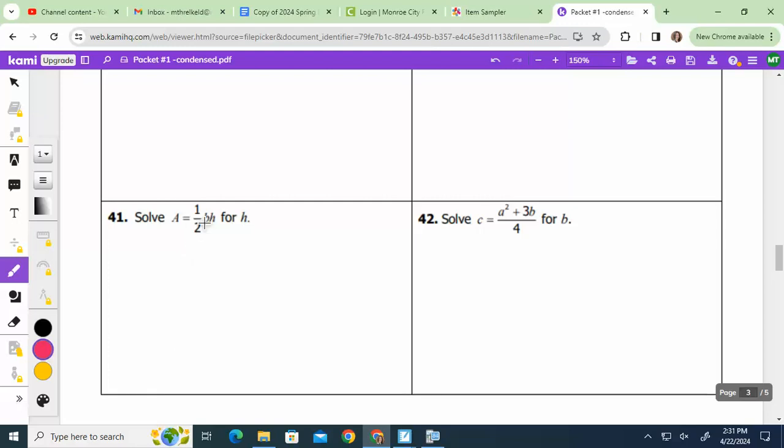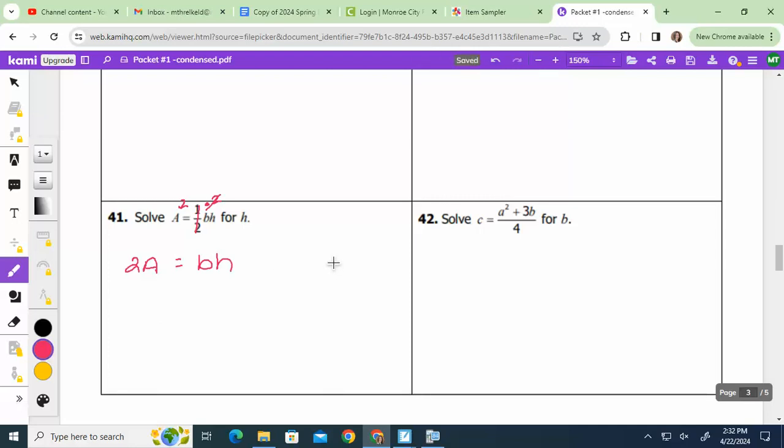How could I get rid of a 1/2? Okay, it's multiplied with the bh, so you could divide by it, or the easier option might just be to multiply by the reciprocal. Reciprocal of 1/2 is just 2. So a times 2 would give me a 2a. 1/2 times 2, those cancel, so that equals b times h.